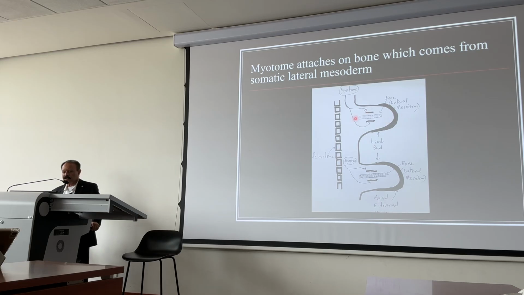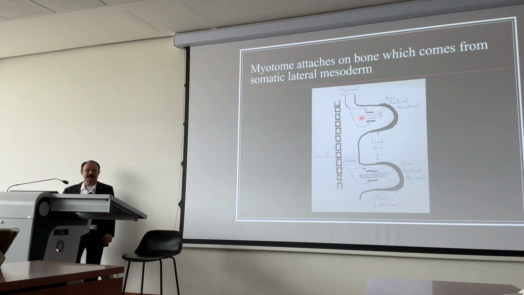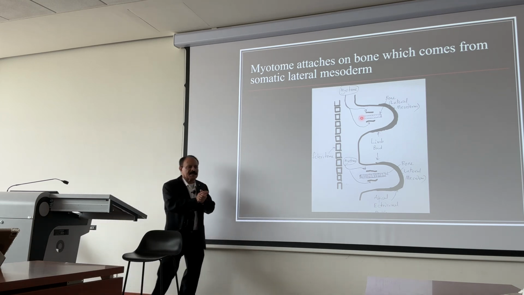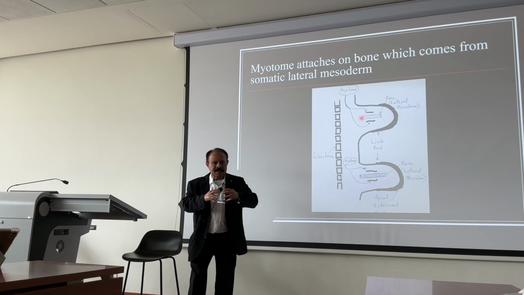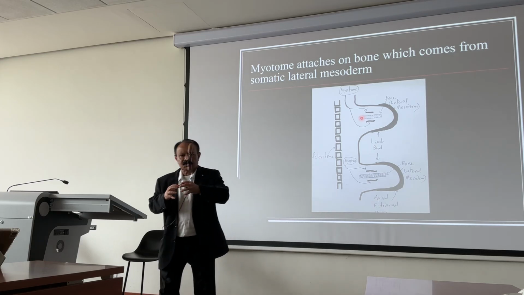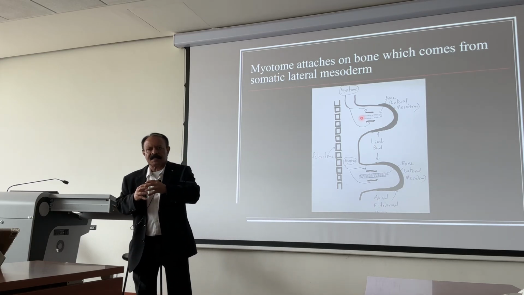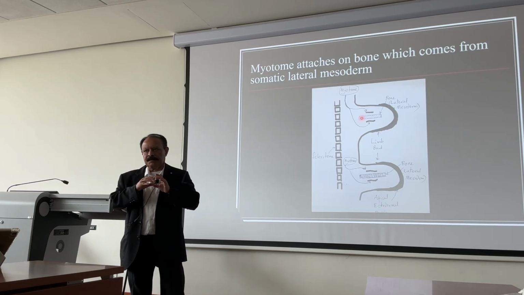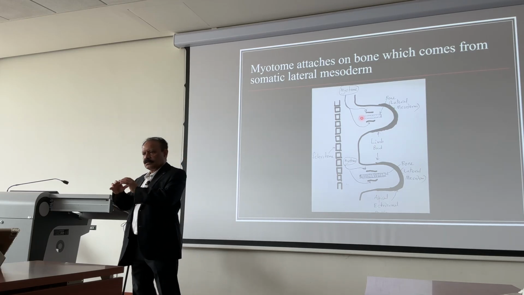So this is the story of limb development. The limb development is initiated by the AER, where all the genes are expressed, and then the myotome comes over here, and the bone is formed from the lateral mesoderm. And then it will look like a bud, to a paddle, to the plate.